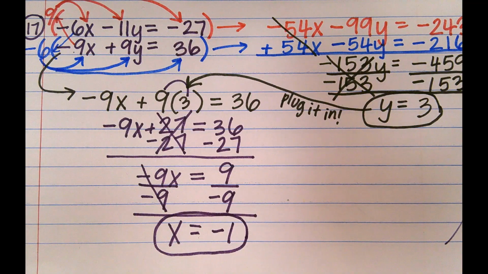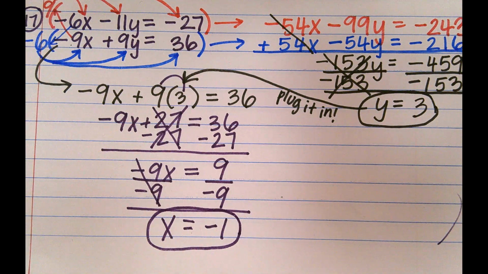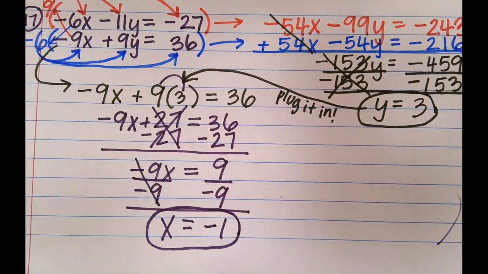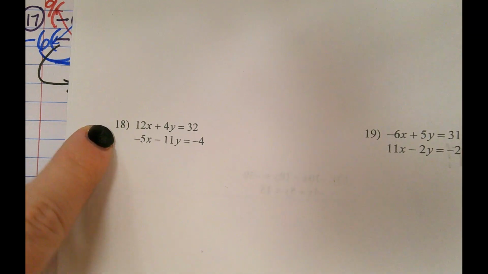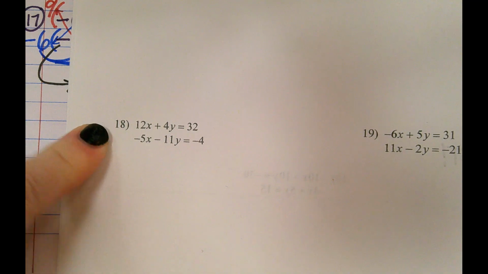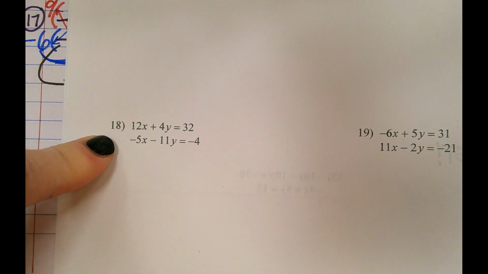Okay, you want to try some on your own? Here is your goal. Let's go with a 15-minute timer. I want you, on this worksheet, to try to solve number 18. If you finish that, keep going.